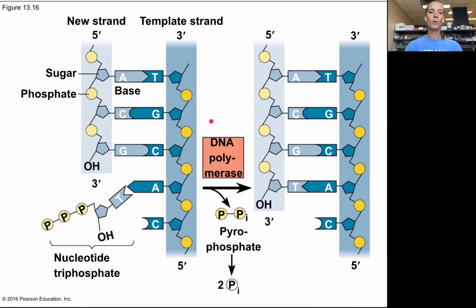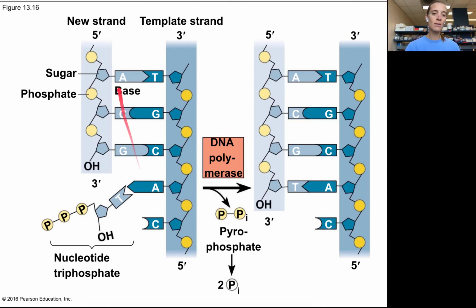The way the DNA polymerase is going to be adding the new nucleotides is the following. We talked about the orientation of the strands from 5' to 3'. So here we have the template strand from 5' to 3'. The reason it's called 5' is that the phosphate is bound to the 5' carbon of the sugar, and this sugar then has a 3' OH that will bind to the phosphate of the next nucleotide.